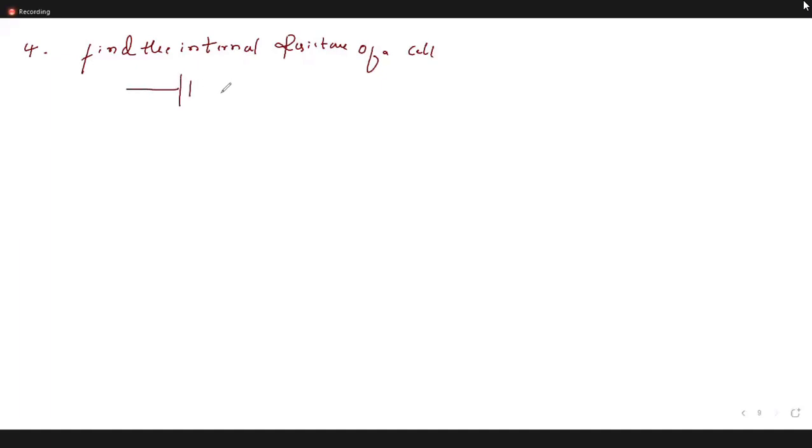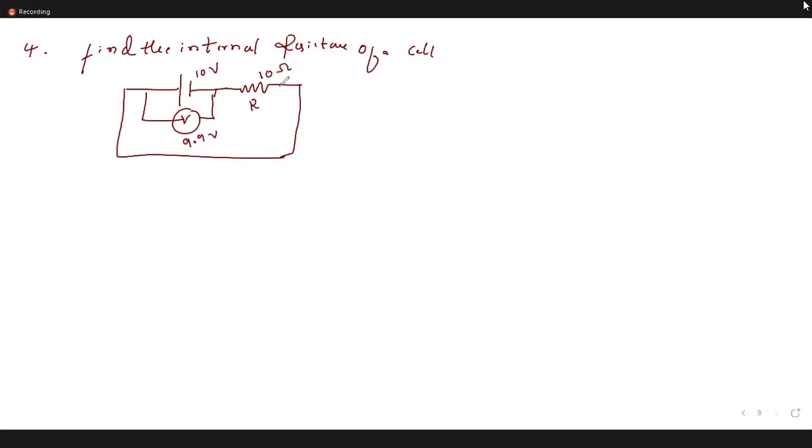Here is a cell, a resistor, and a voltmeter is connected. The cell EMF is 10 volt, the voltmeter reads 9.9 volt, and we need the internal resistance of the cell.